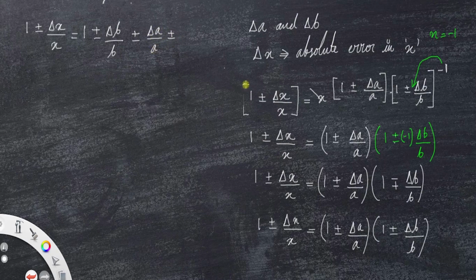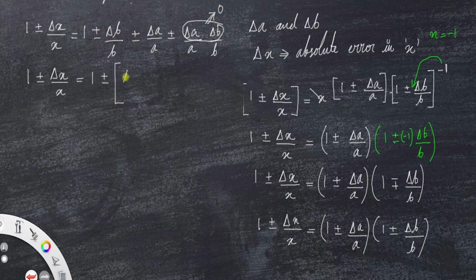Now plus or minus into plus or minus is again plus or minus. Plus or minus delta a by a into delta b by b. But we know delta a into delta b is approximately equal to 0 because both of these quantities are very much less than 1. So 1 plus or minus delta x by x is equal to 1 plus or minus, you can take this plus or minus as common.